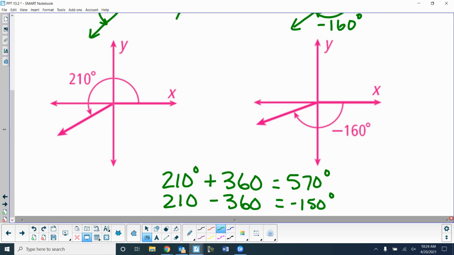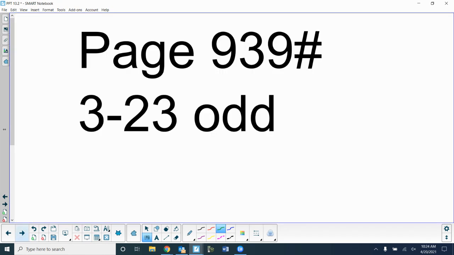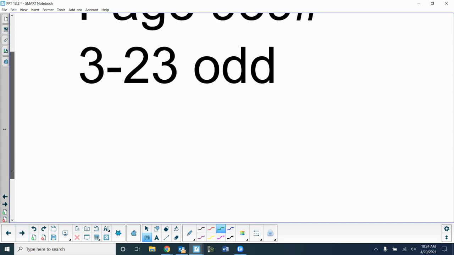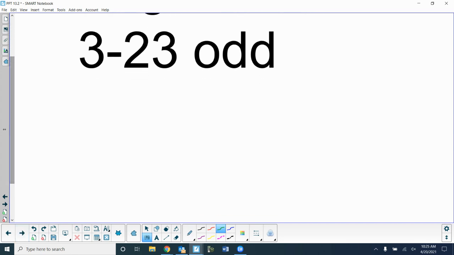Number 3, you had to draw it for homework. Always start here. It was negative 135, so we go 90 and about halfway past it. So number 3 should look like that. Number 6, add 360 and subtract.